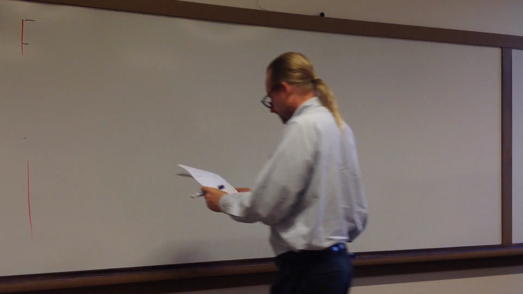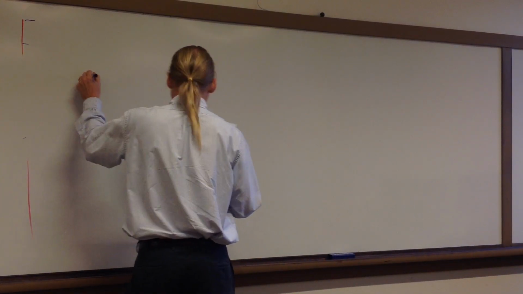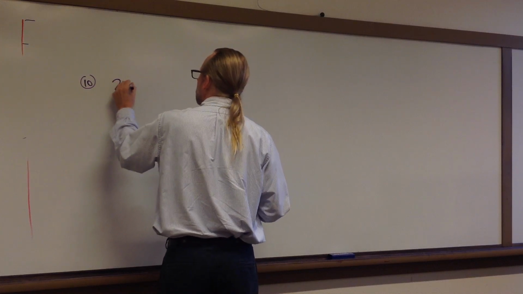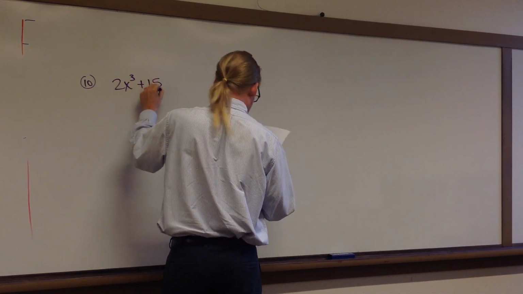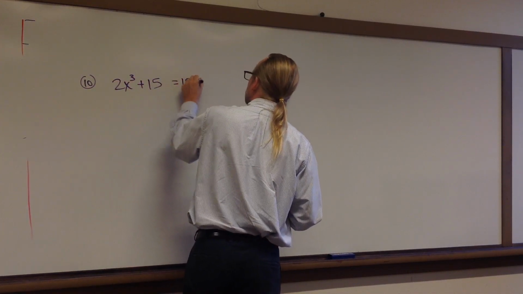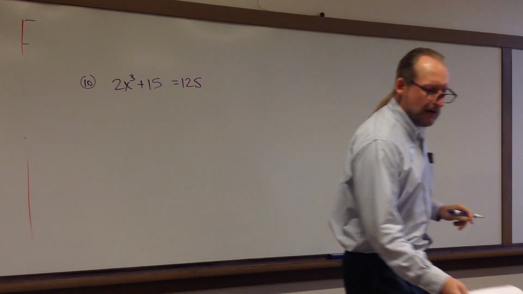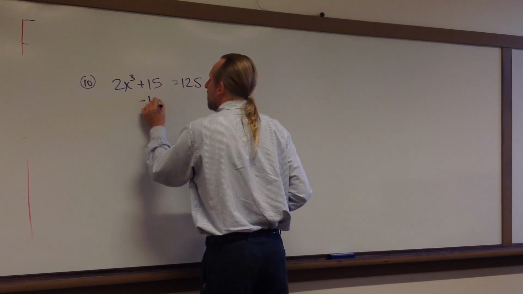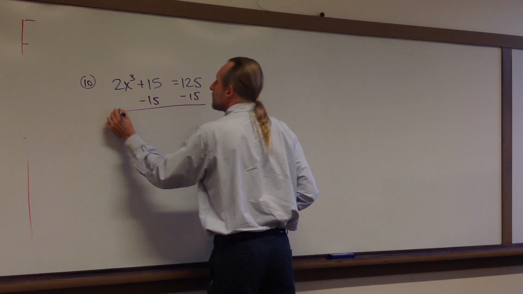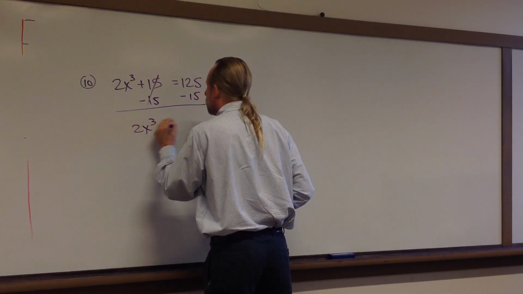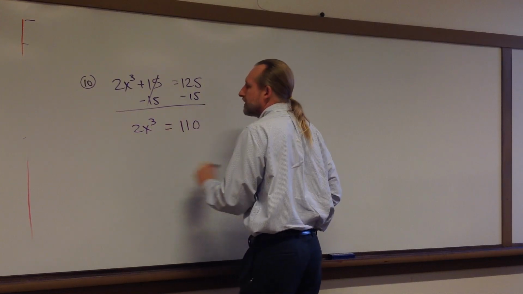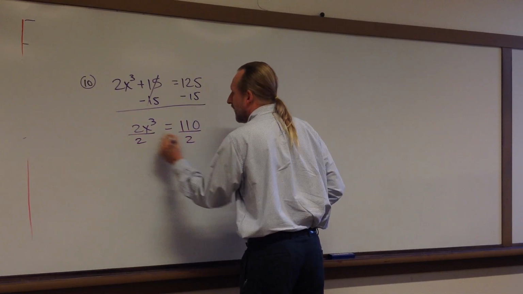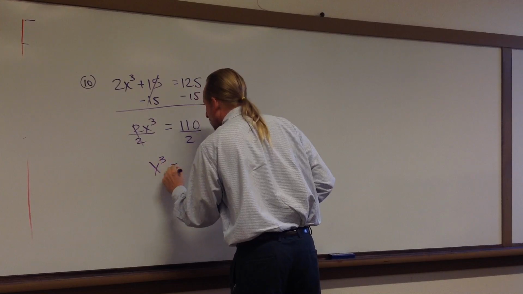Problem 10. We've got 2x to the 3rd plus 15 equals 125. All right, so let's get that x to the 3rd by itself. Subtract 15 on both sides. 2x to the 3rd equals 110. Divide on both sides by 2.